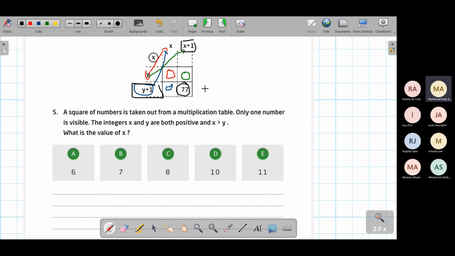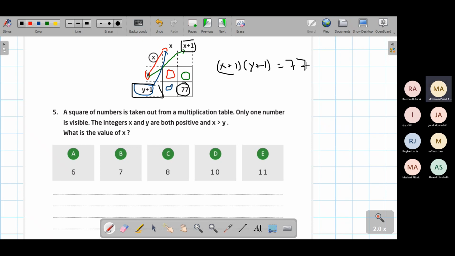So x plus 1 times y plus 1 equals 77. Any question about this part? So again, this is a square of a multiplication table.